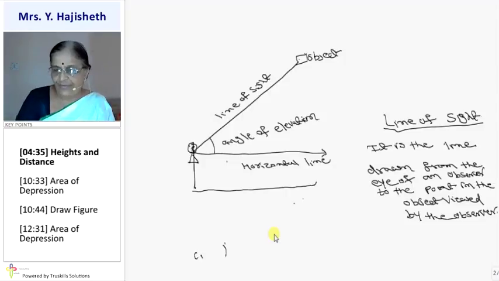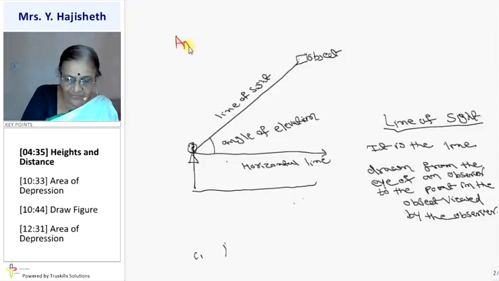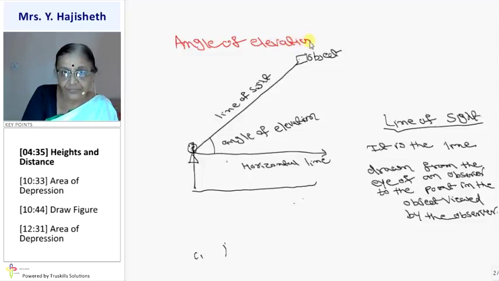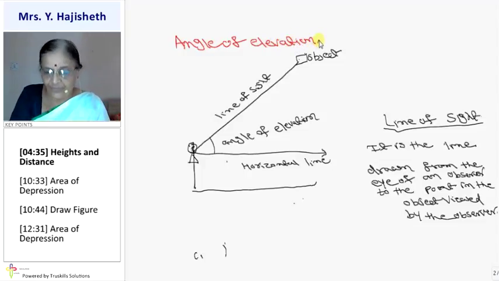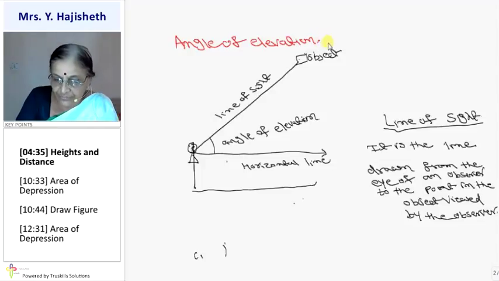Clear? So what is angle of elevation? How do I define it? See, angle of elevation. These two angles are very important. इसके ऊपर पूरा टॉपिक बेस है. Angle of elevation, okay? What is angle of elevation?